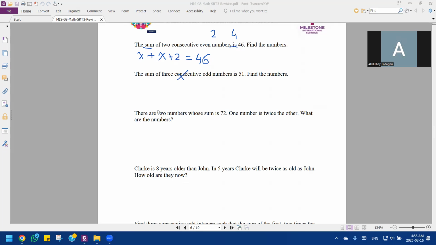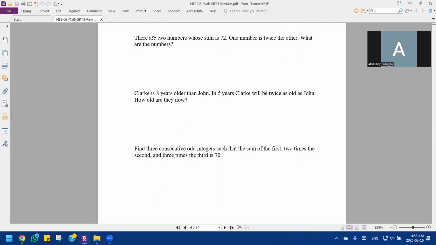Okay, this next. There are two numbers whose sum is 72. One number is twice the other. This is easy. The sum is 72. One is twice the other. So one of them is x. This is the smaller one. Always we write the smaller one as x.